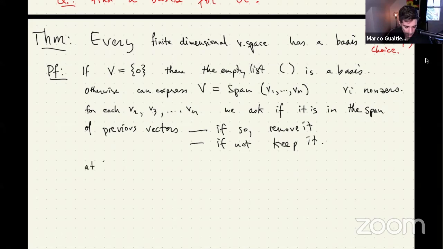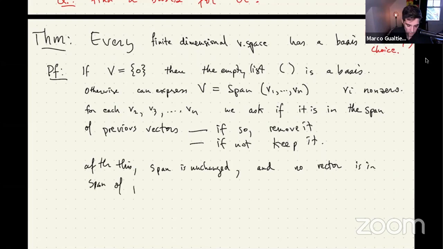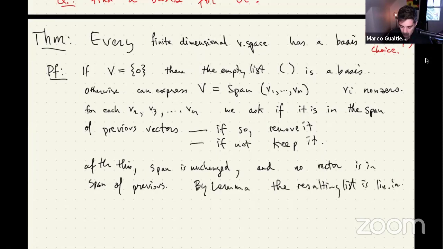So after this, the span is unchanged, and no vector is in the span of the previous. Therefore, by the lemma, the resulting list is linearly independent.